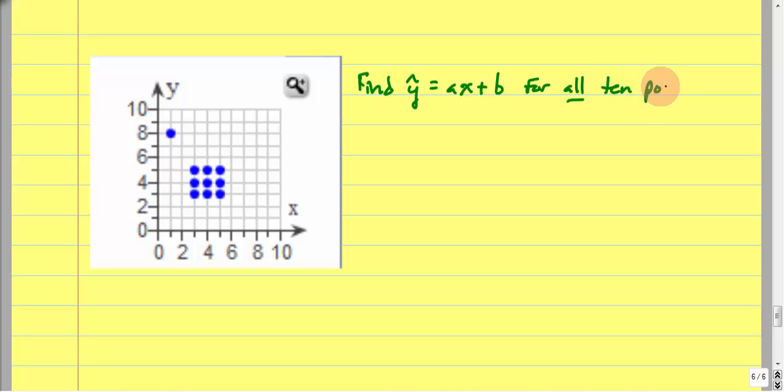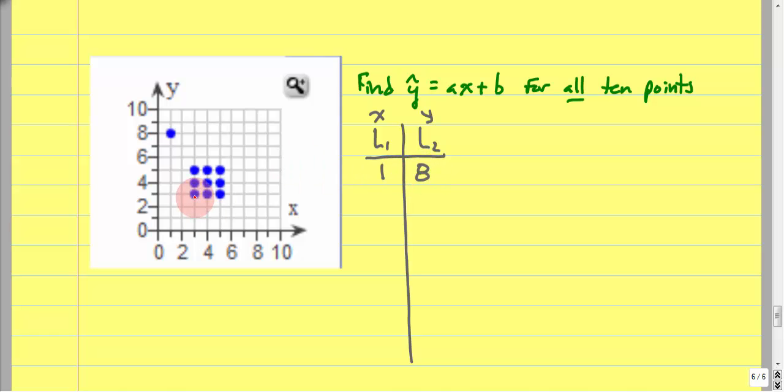So you're going to have to take these points that you see on the graph and translate them into L1 and L2. Let L1 equal my x values and L2 equal my y values. For this ordered pair, x equal 1, y equal 8, so this would be 1, 8.